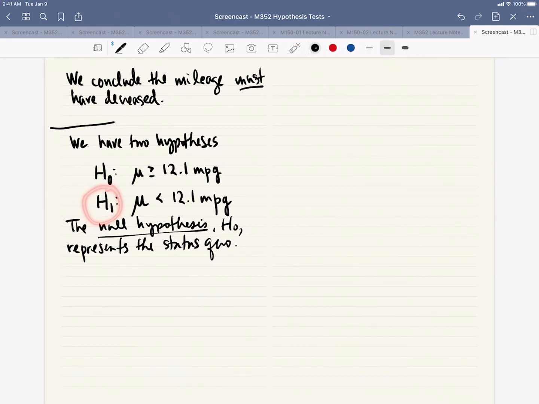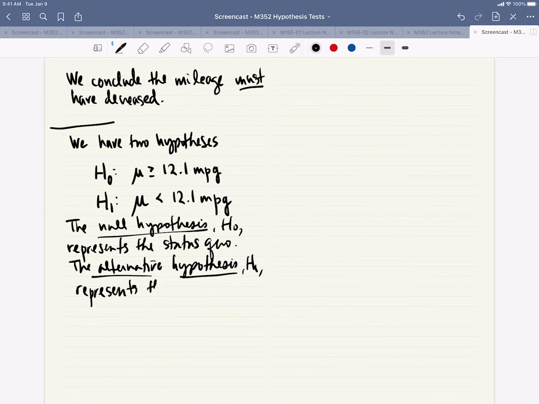H1 here is called the alternative hypothesis, and it represents the new state of things.